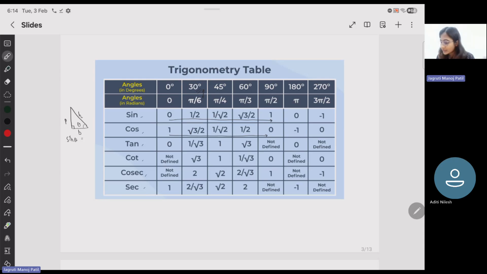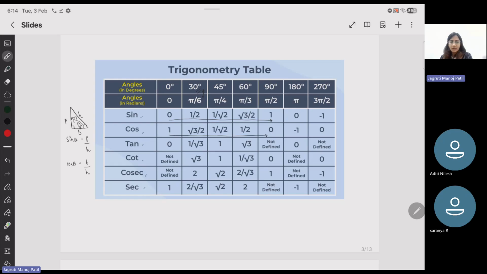So sine theta is perpendicular by hypotenuse, that is opposite by hypotenuse. Whereas cos theta is adjacent by hypotenuse. The side adjacent to this angle is the base, so base by hypotenuse, while the side opposite to this angle is the perpendicular, so perpendicular by hypotenuse. This is how you have these.